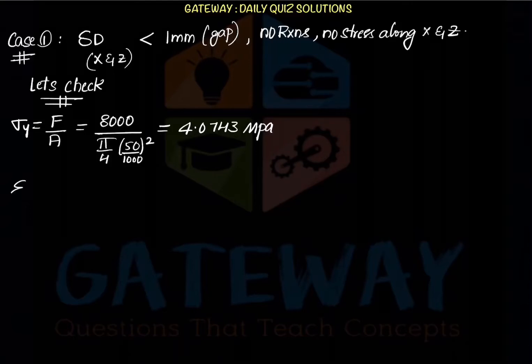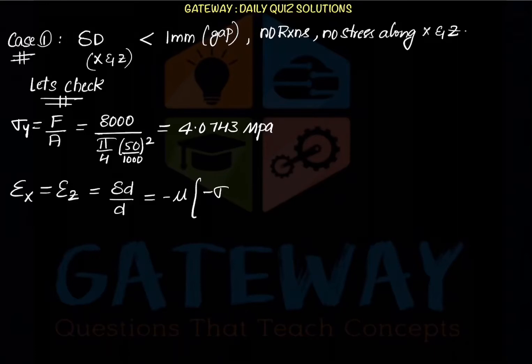So once sigma y is known, we assume that delta d is less than 1 mm gap, first we will check strains, nothing but the delta d gap. So strain along Ex is nothing but strain along Ez, that is nothing but delta d upon d. Okay, and that value comes out to be minus mu, we know that, minus mu into sigma y upon E, but here sigma y is compressive, so minus sigma y upon E. Right, that is nothing but 0.45 into the sigma y value is 4.0743 and the E of rubber is given as 40 megapascals.